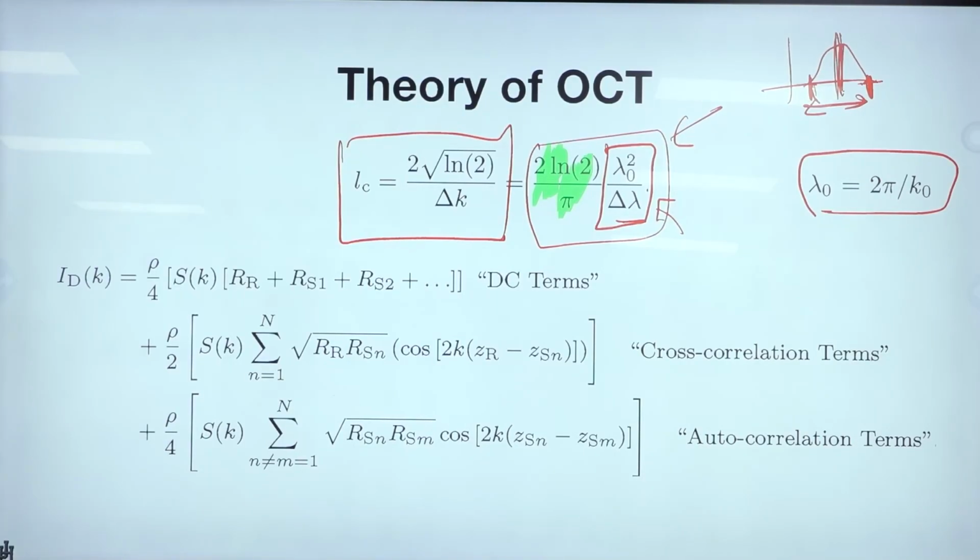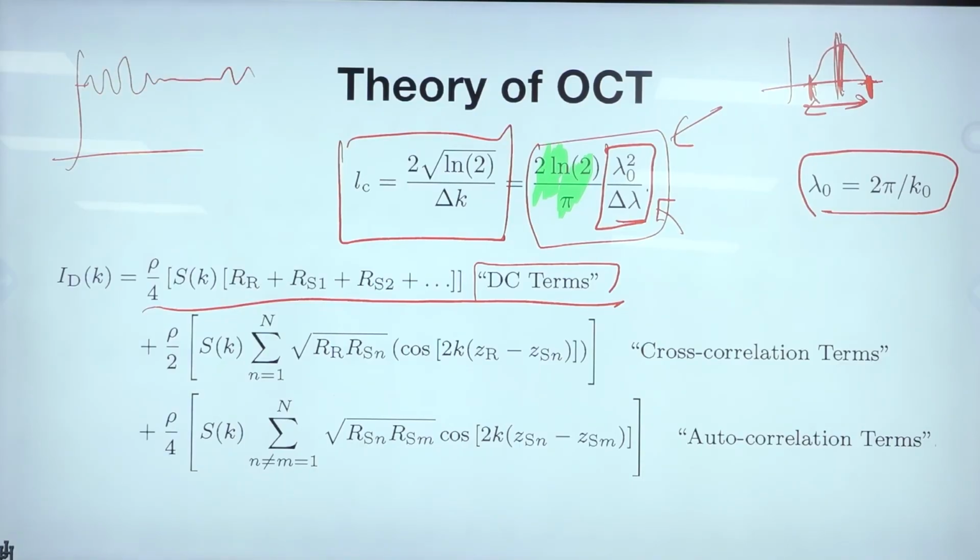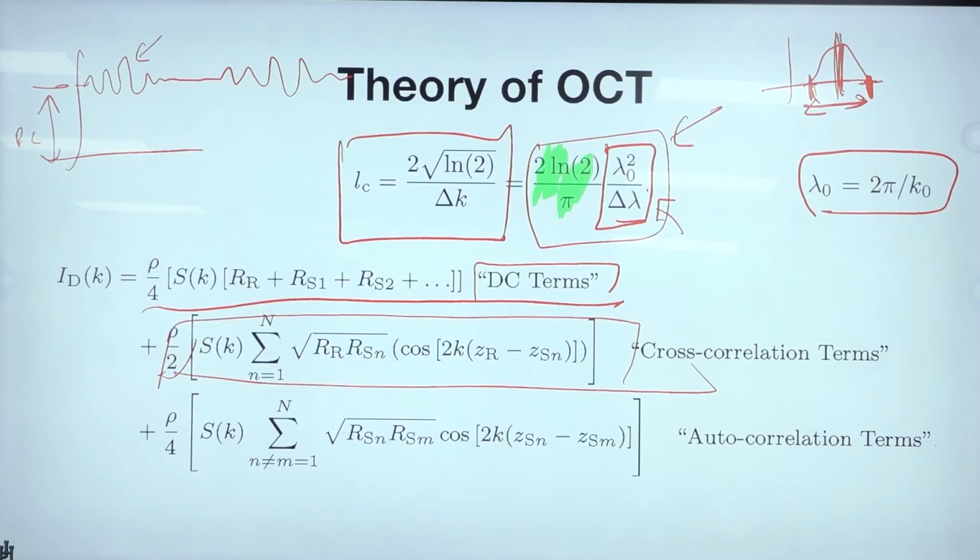Good. As I mentioned, these are called the DC terms, which are the constants. In the data that you collect, if you think of it as collecting data as a function of time, it will be something of this sort. There will be a DC offset, which is the constant part, and then there is this oscillation, which is because of what's called the cross correlation.